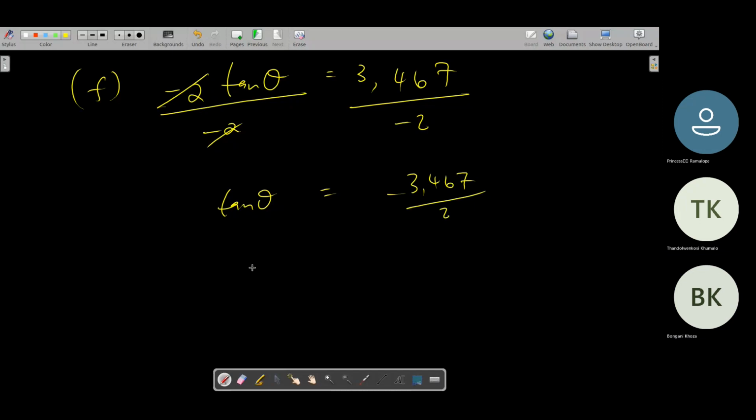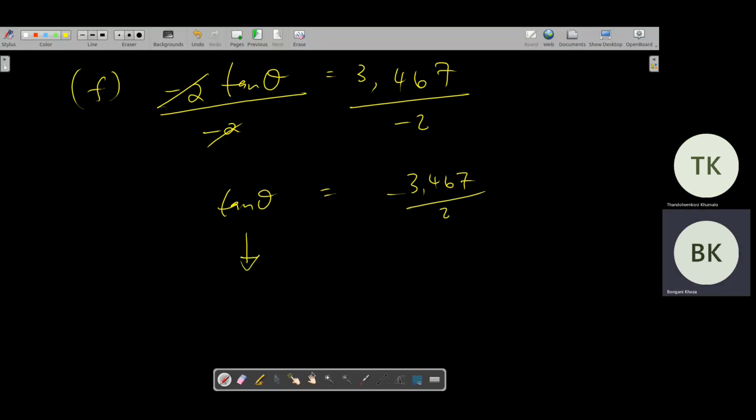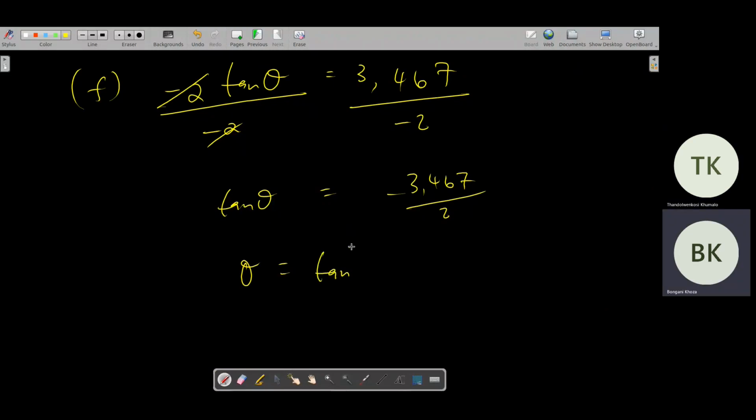I got negative 1.7. What do we write here? What do we write here? This side? It's important how you're writing. Theta, it's equals to negative 1.7335. I want to see this step, this arctan step. Yes.